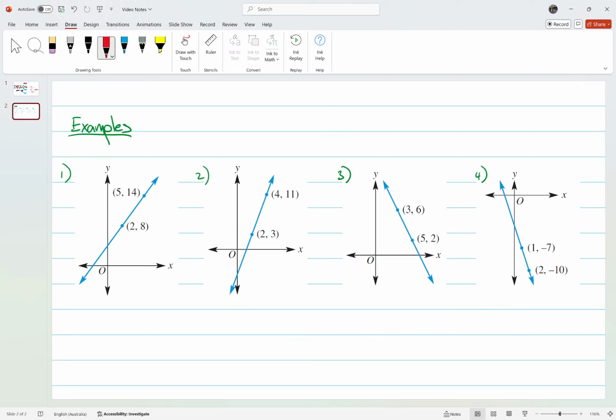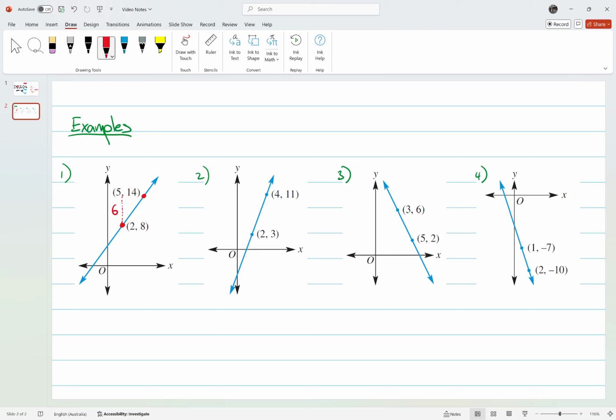So let's look at a few examples of this. In this first one, remember we always start with the left point. Starting here and going up to here, when we're looking at how far up or down we went to find the rise, we're looking at the y values. I started at 8 and I went up to 14, so I went up 6 units. My rise is 6.